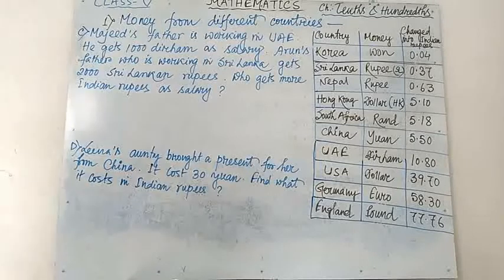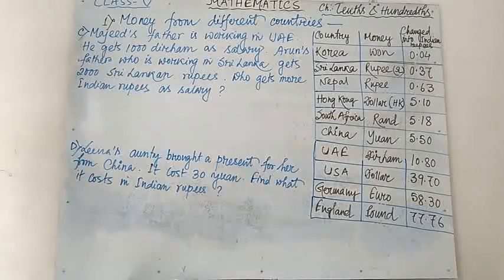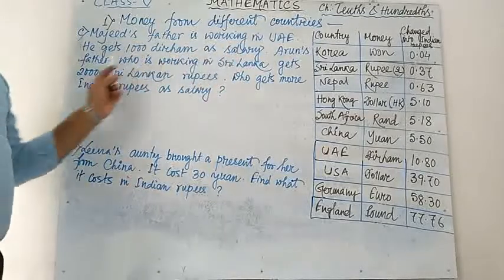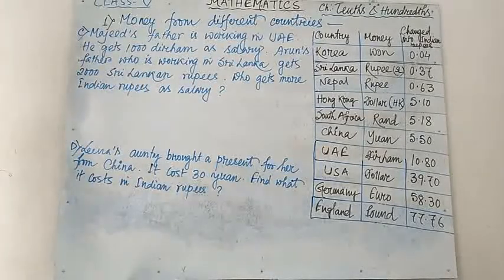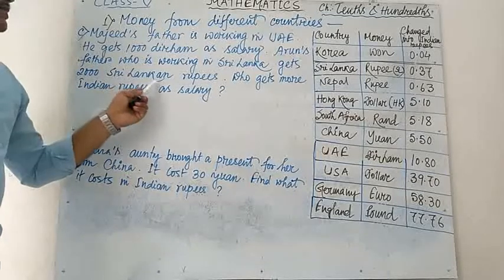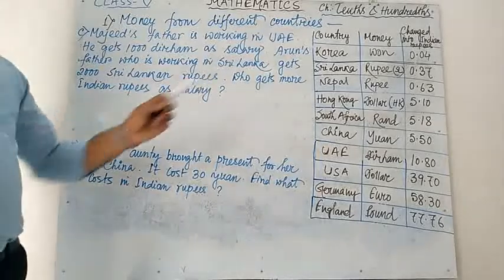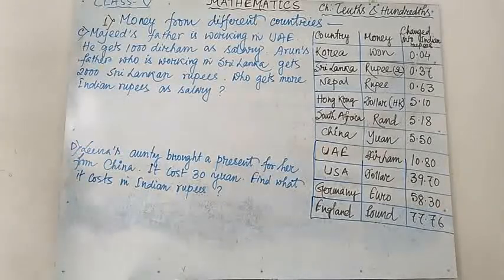Next, number C. Majid's father is working in UAE. He gets 1000 dirham as salary. Arun's father, who is working in Sri Lanka, gets 2000 Sri Lankan rupees. Who gets more Indian rupees as salary?